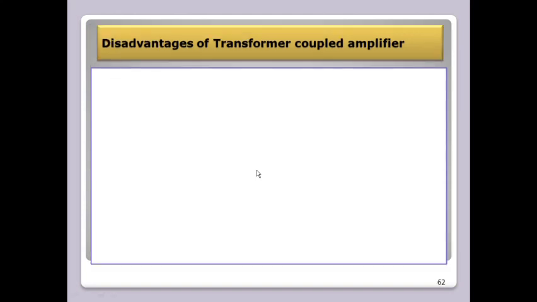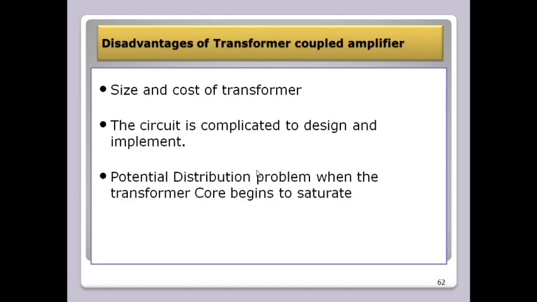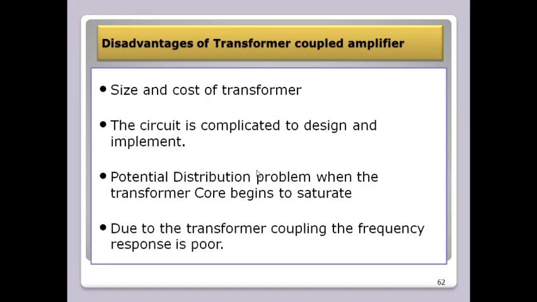Gain is increased; it is a high gain. The disadvantages of this transformer coupled amplifier are size and cost, because with the transformer the size increases and the cost of the transformer is also more. The circuit is complicated to design and implement, and there is a potential distribution problem when the transformer core begins to saturate. Due to the transformer coupling, the frequency response is also poor.